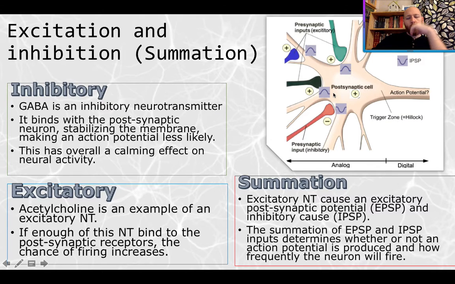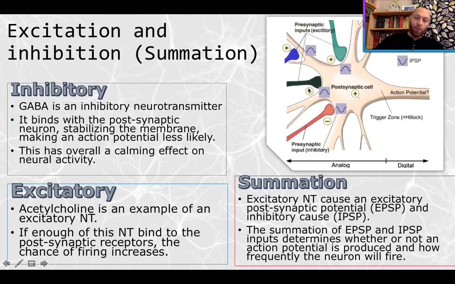So, excitatory neurotransmitters cause what we call excitatory postsynaptic potentials, or EPSPs, and inhibitory ones cause inhibitory postsynaptic potentials, IPSPs. Now, you do need to know this if you want an A. This is detail that you have to know. If we add up the excitatory and inhibitory synapses and their effect, we can work it out.